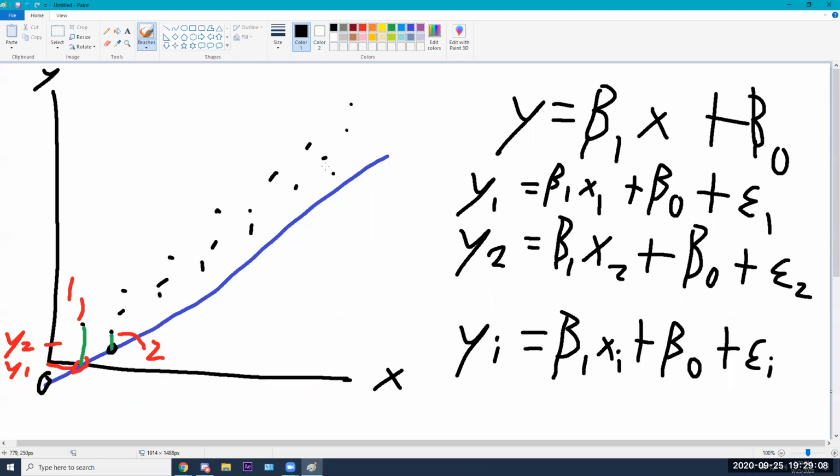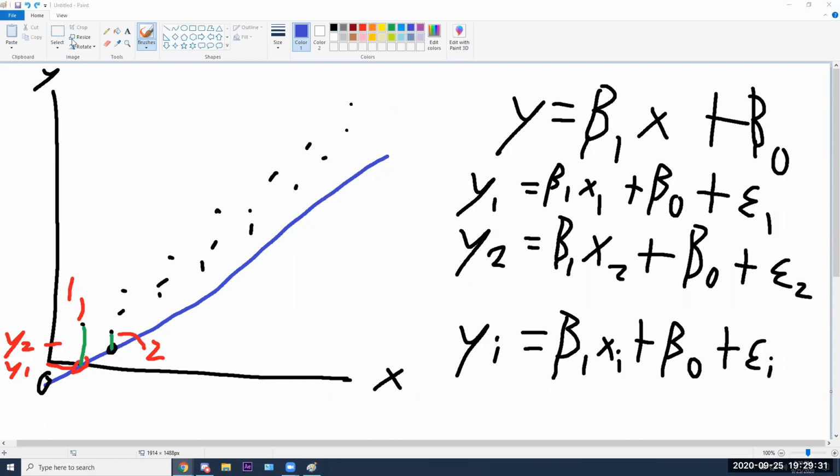For this particular y value, you take the line prediction, beta 1 xi plus beta naught, which gives us this point right here, plus the error term for that one, which is this. You add those two together, and you get the actual point.